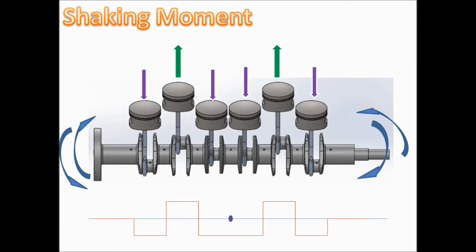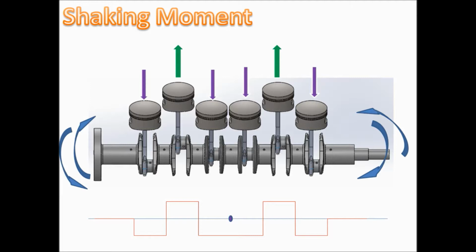Inside the slide we have green arrows, which indicate the upwards motion of the pistons, and purple arrows which indicate the downwards motion of the pistons.